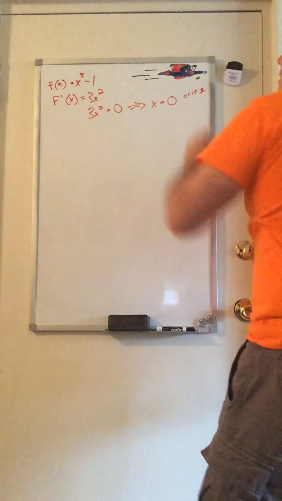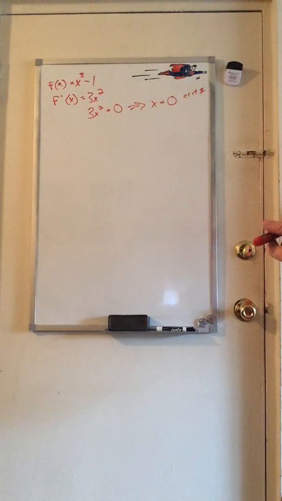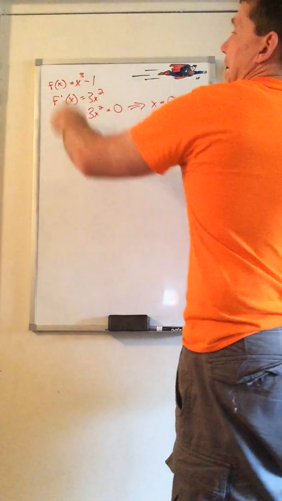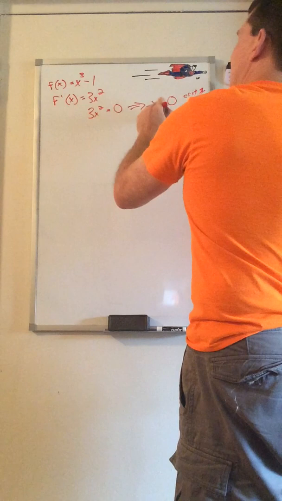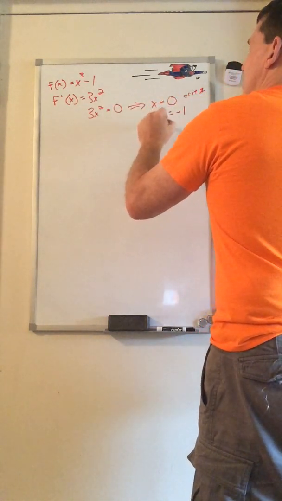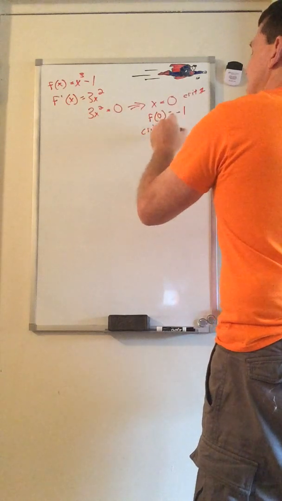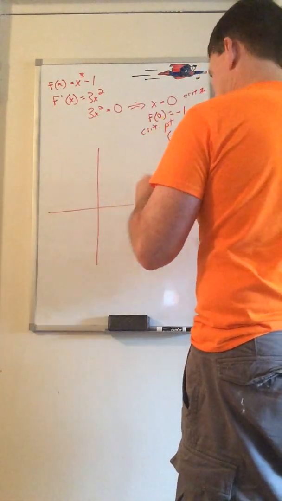That's a critical number. It's not undefined anywhere, so there's nothing else to worry about. Now I take this and plug it into the original function, and I get f of 0 equals -1. So my critical point is (0, -1). I can plot that.